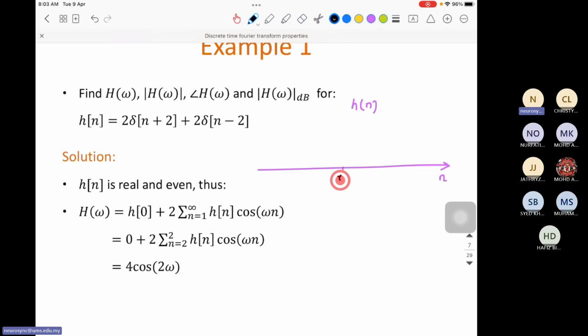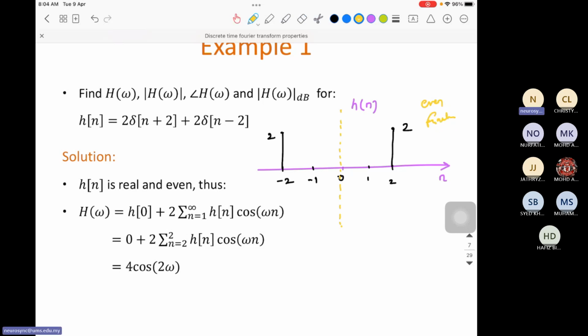This is suppose 0, this is 1, this is 2, this is minus 1, minus 2. So we will be having magnitude 2 at n equal to minus 2, and at n equal to plus 2, again the magnitude is 2. So this is basically symmetric along the y-axis, so this is an even function.